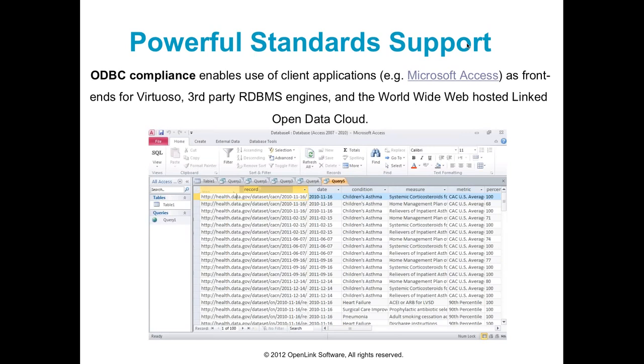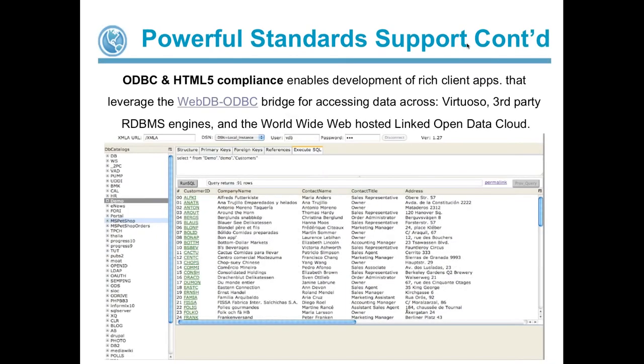Virtuoso provides powerful standard support through its support for SQL, enabling traditional desktop client applications like Access, etc., to query RDF data in the Triple Store, as can any other ODBC, JDBC, ADO.NET, or other client application.